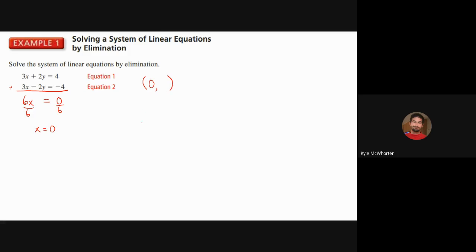Now I need to find the y value. To find the y value, all I have to do is plug the variable I solved for into one of the other equations. So I'll just take equation 1 and plug a 0 in for x.